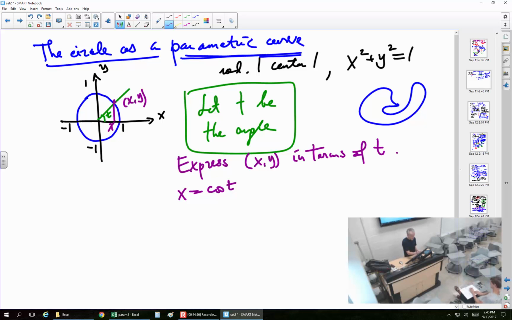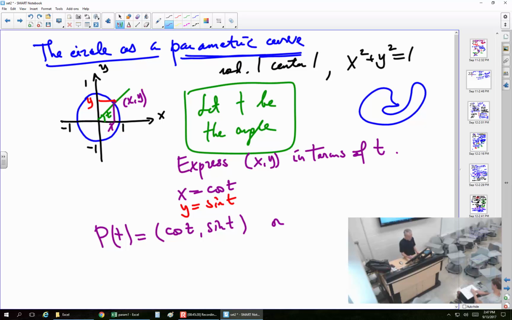And if we go vertically on the y-axis, this is y, and y is equal to sine t. Well, that is the answer. It's really not that complicated. So the answer is P of t, if I want to put it in the form of a parametric curve, the location is cosine t, sine t.